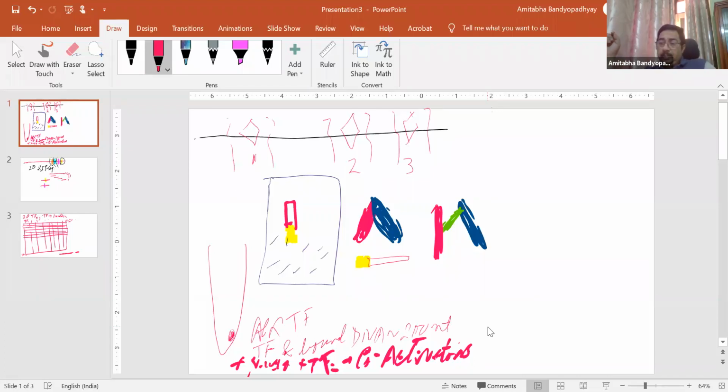The simple reason is this: when you see the position weighted matrix data that I showed for the promoter sequence, let me see if I have it. It is just dependent on how much conformity is there.